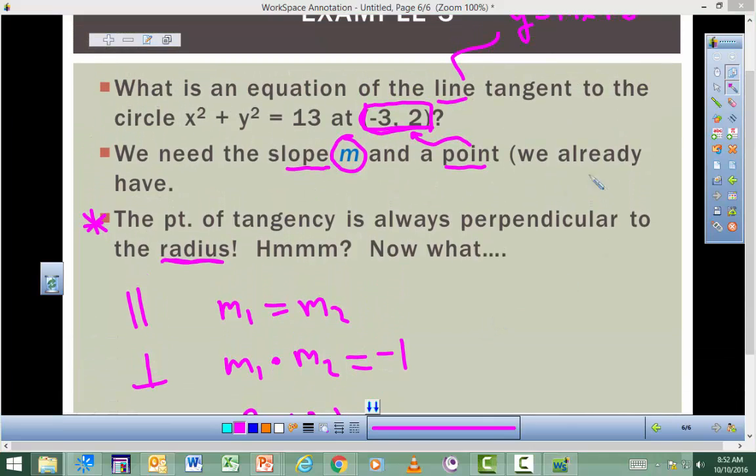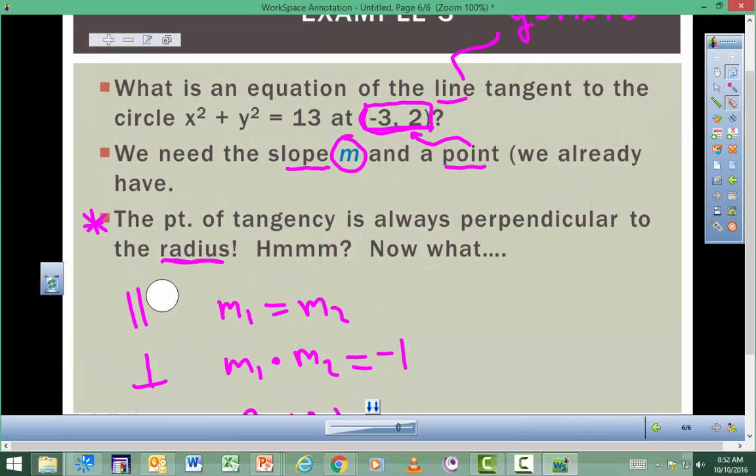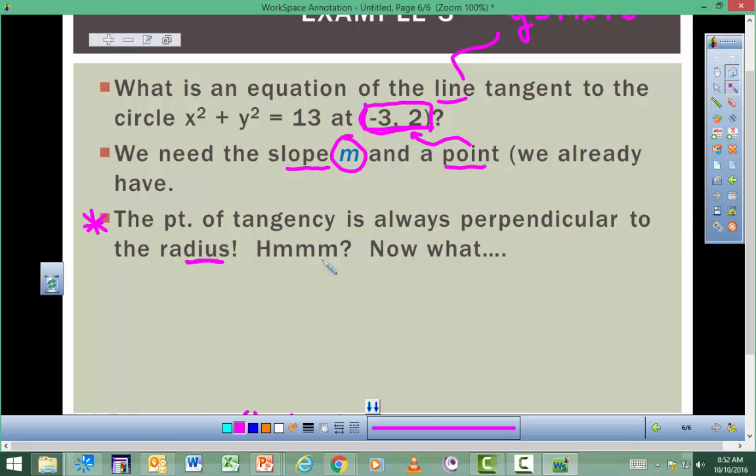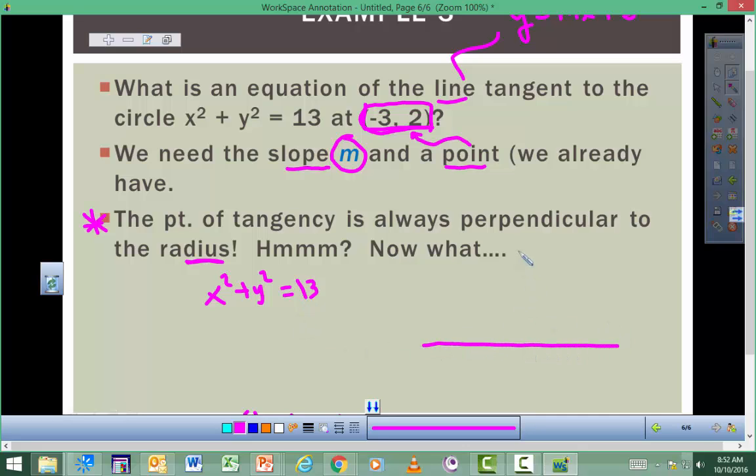I'm going to use my eraser and give myself some clean room to work. Okay, so first of all, I have the equation of the circle. So I do have x squared plus y squared is equal to 13. Now, if you imagine this, there's this circle that we can draw.